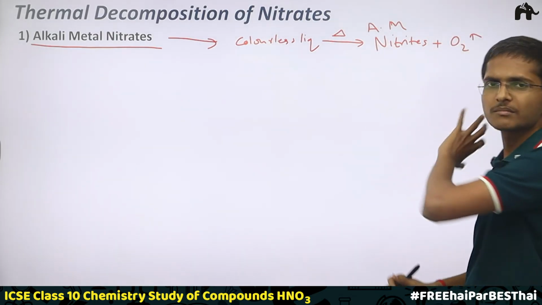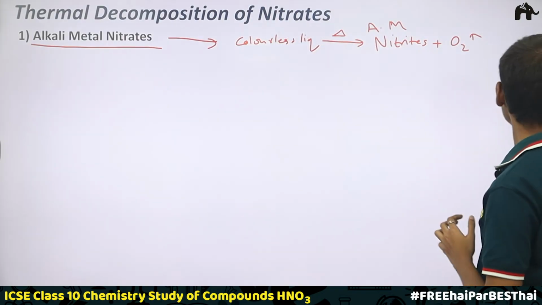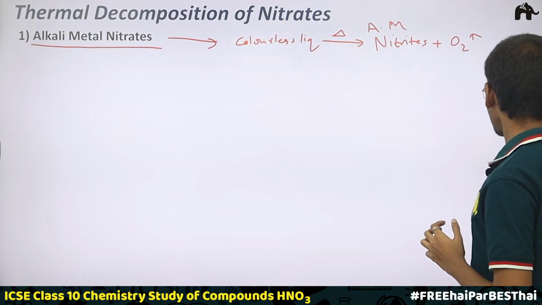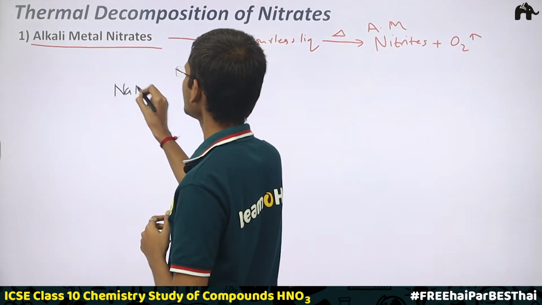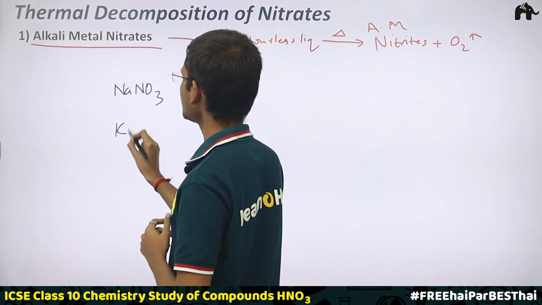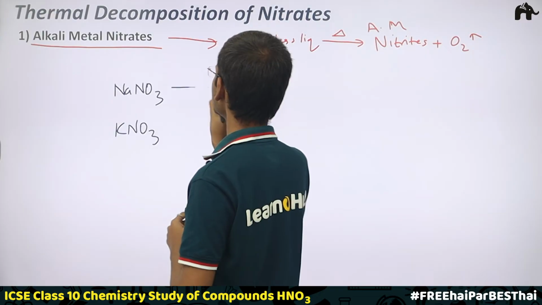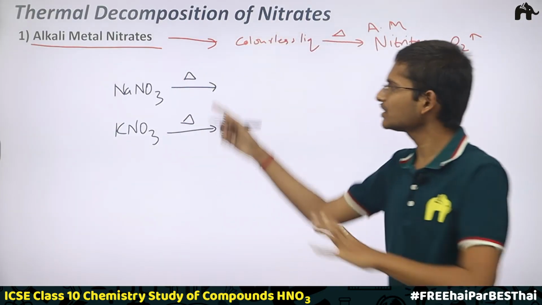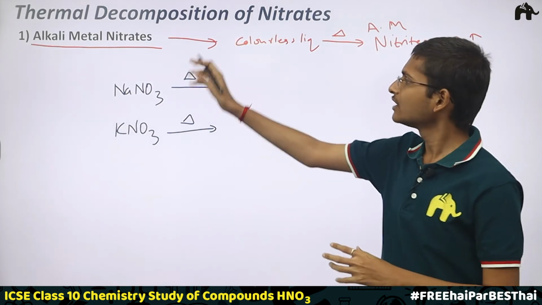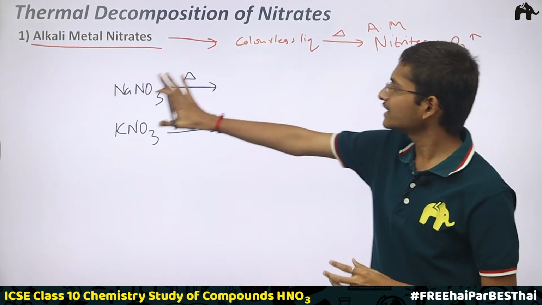So this is the general simple reaction. What we need to write is simply, I would take NaNO3 or KNO3. Then the simple condition is to heat it, because it is thermal decomposition. So we are heating it, and then it is getting decomposed.